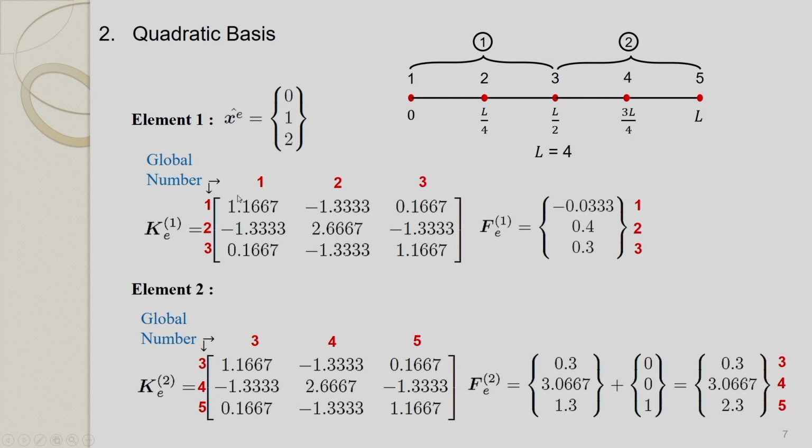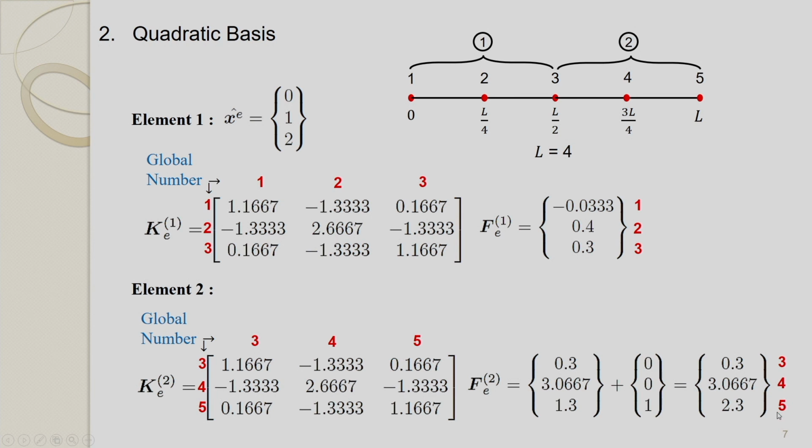For the first element it is 1, 2, 3, and for the second element the first node's global degree of freedom is 3, the second node's is 4, and the third node's is 5. So, 3, 4, 5. These are the global degree of freedom numbers which will be required for assembly. The same exercise is done for the elemental load vector.